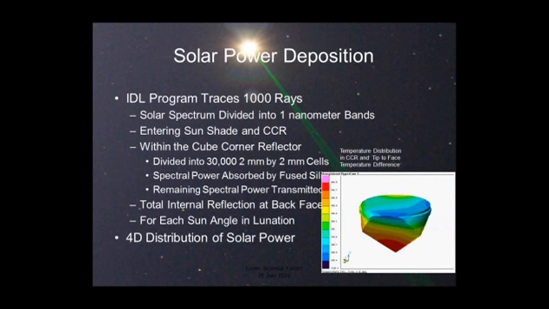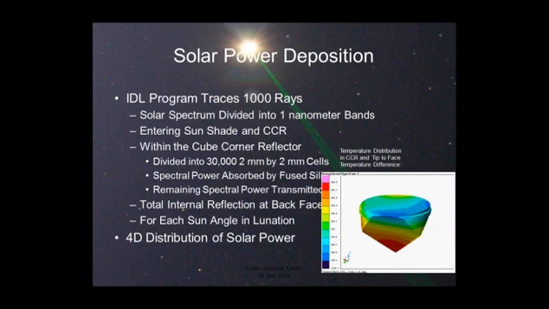And so we track each of these million rays as it enters one of the small 2 millimeter by 2 millimeter cells. We compute how much of the ray energy is converted to heat, and the remaining ray energy continues to propagate. It gets to the back face.